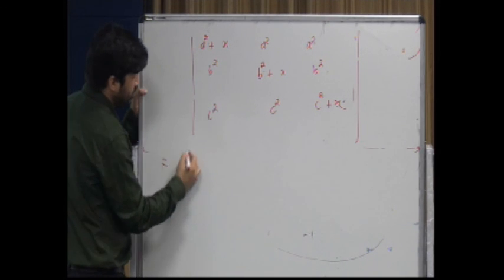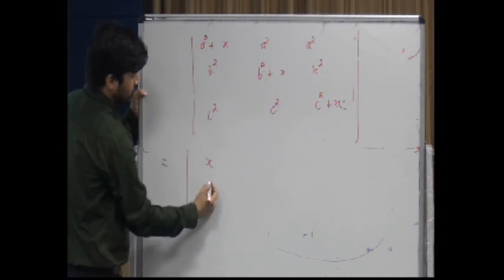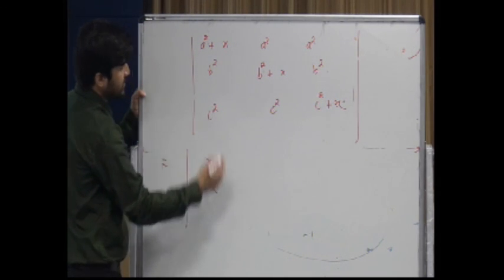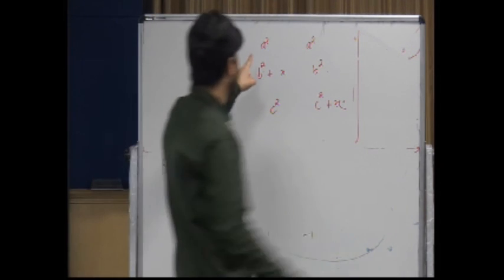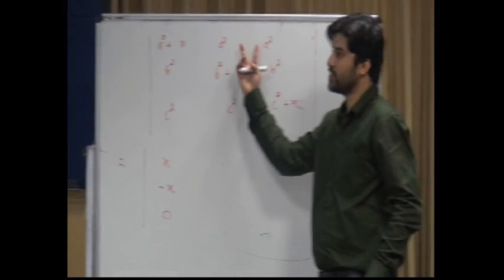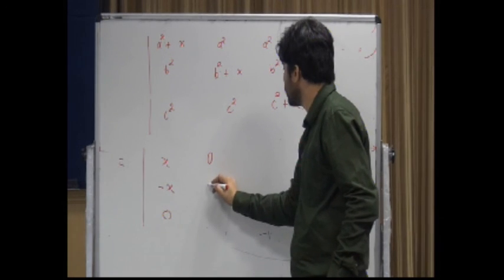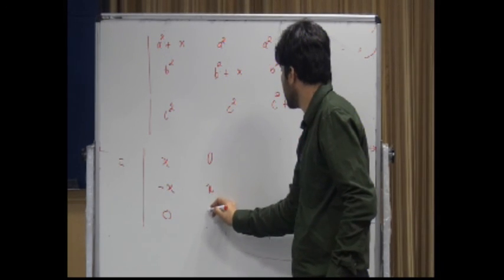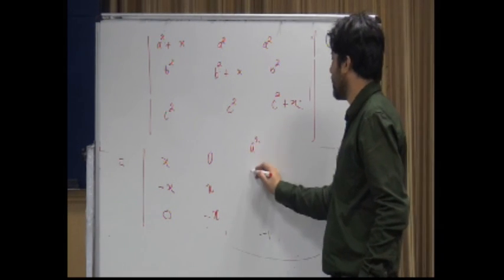So what will it become? X minus X, 0, right? And this column 2 can be replaced by C2 minus C3, 0, X minus X, and this will remain as it is, A square, B square.